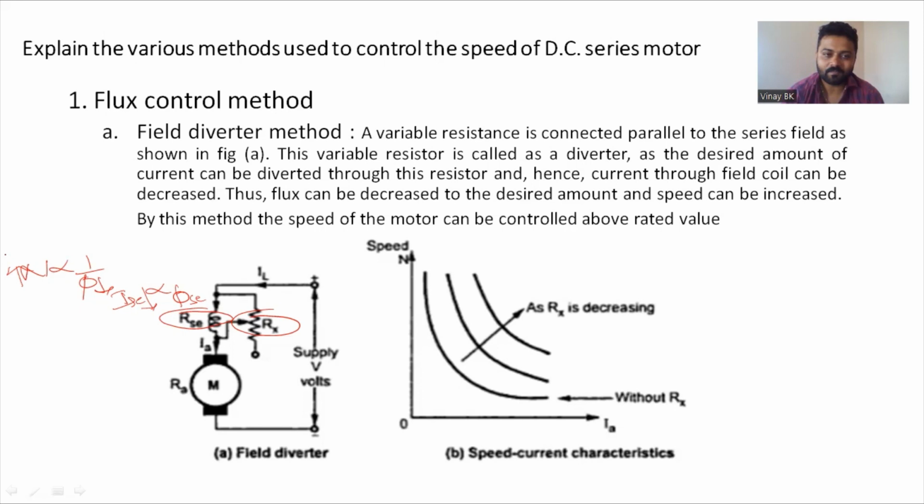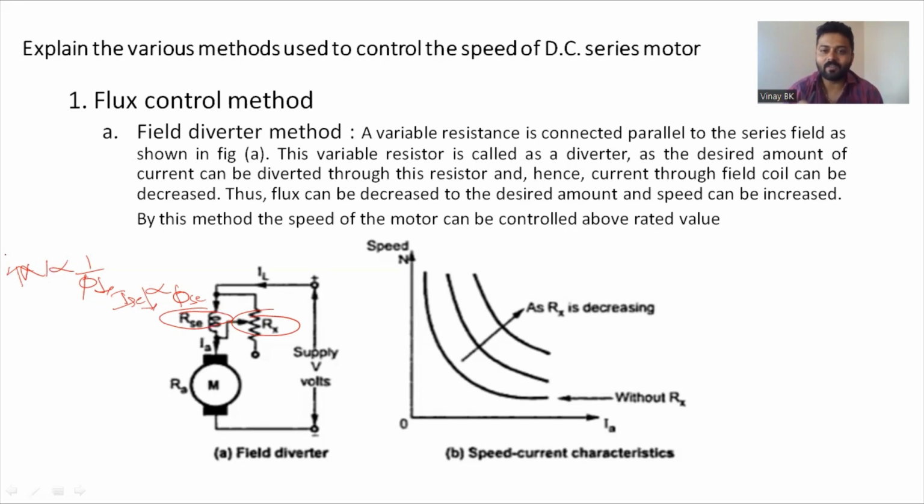You can control. So in general, you just have to remember three main points. The first point is you're connecting a rheostat or variable resistance which is parallel to the series field winding. That variable resistor you can call as diverter.